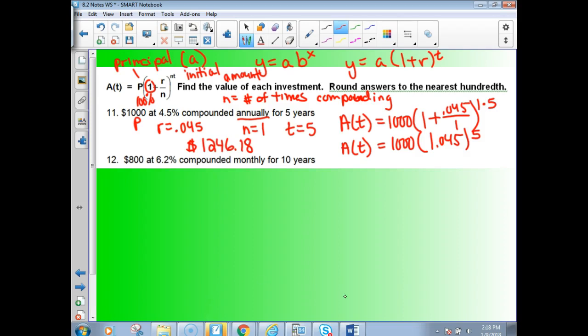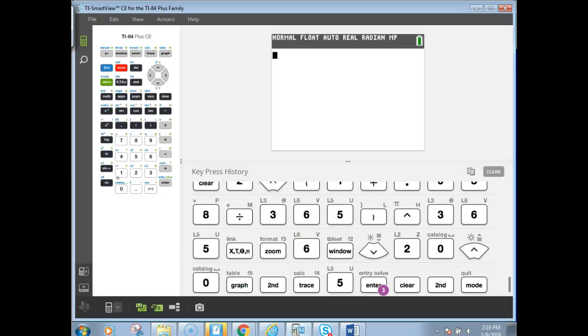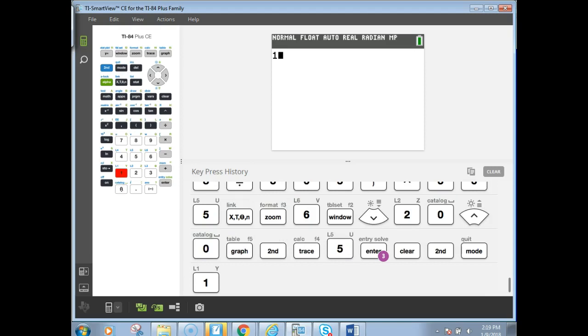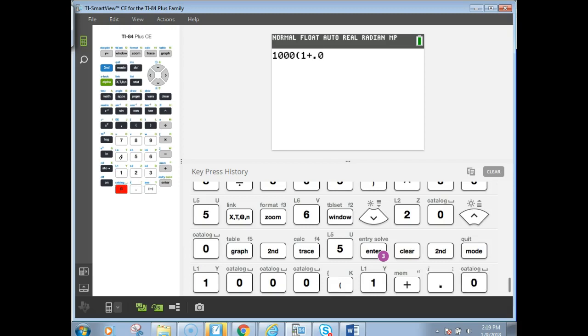Anybody have a problem getting that value? Yes, you did, Scott? Okay, then something is wrong with how you typed it. It should be 1,000, parenthesis 1 plus 0.045.